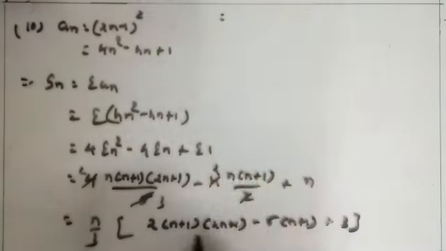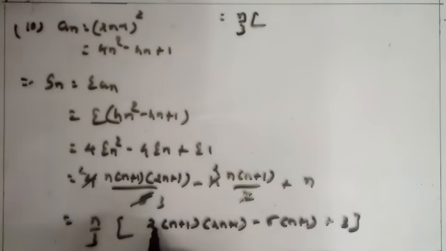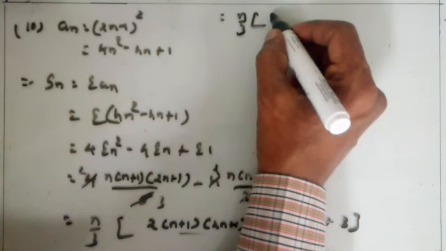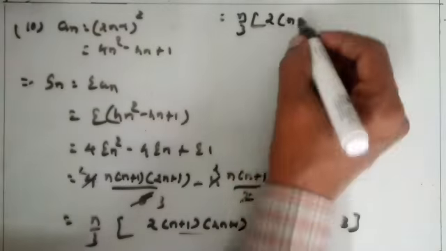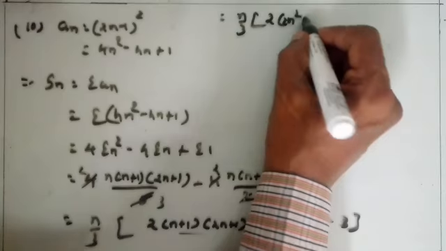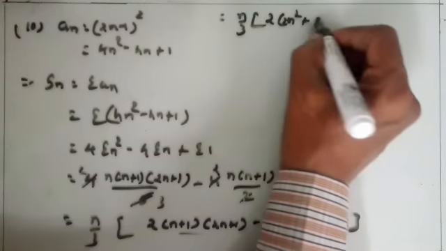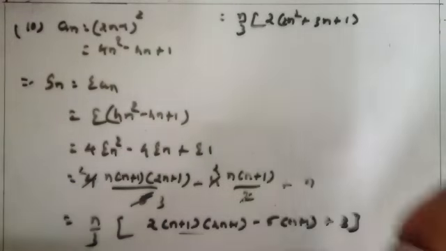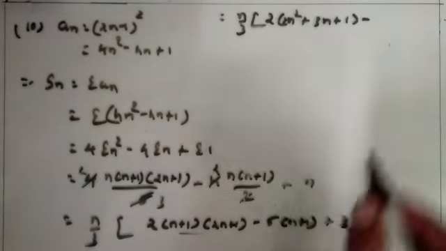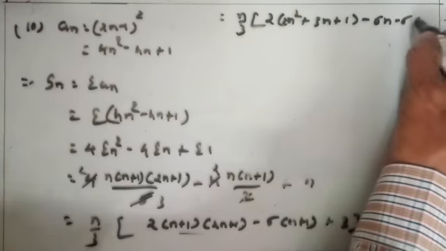So it is equal to n by 3 into, split of both brackets, we get 2 into 2n square plus n plus 2n becomes 3n plus 1, minus 6 take inside, so 6n minus 6 plus 3.